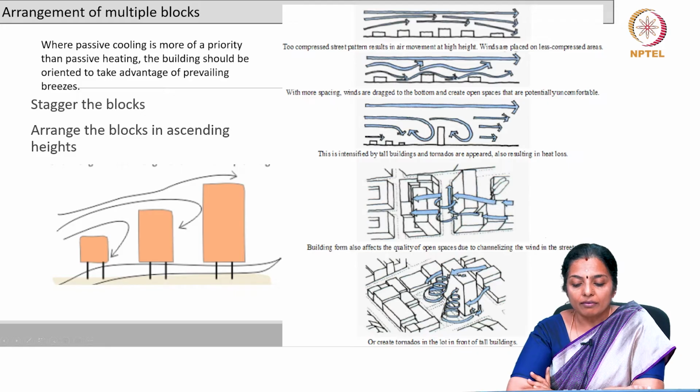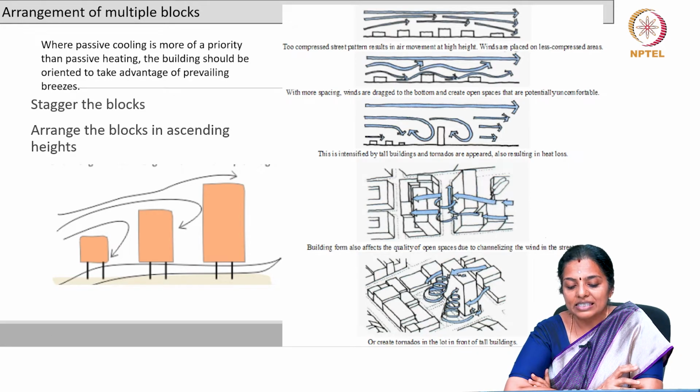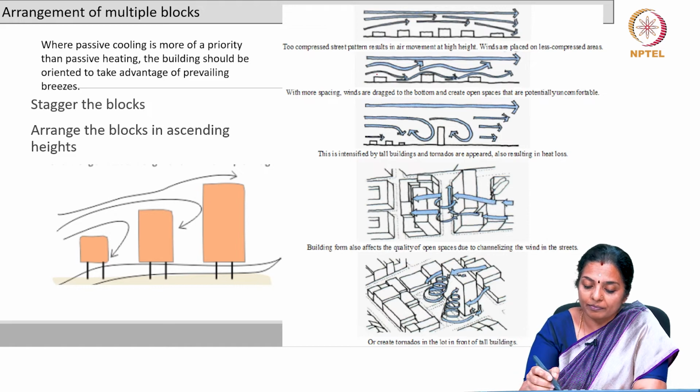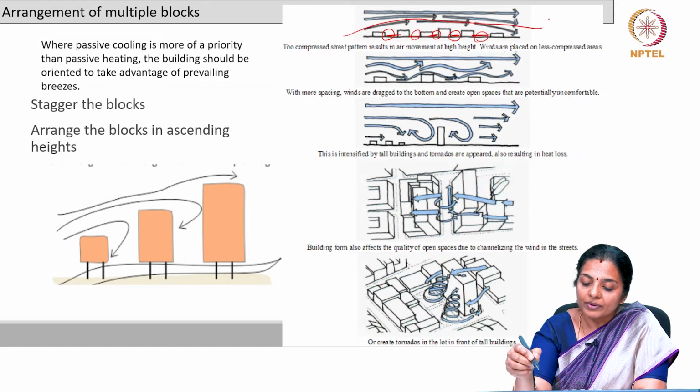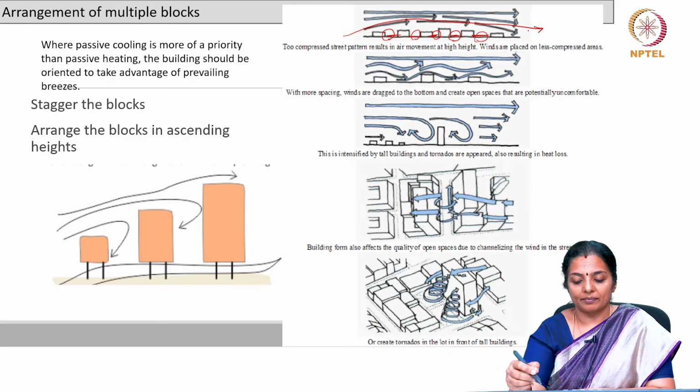Now, when we have too compressed a street pattern, it results in air movement at a higher height. Winds are placed on less compressed areas, with more spacing. When you have very little space in between the buildings, as shown here, it results in air movement over the buildings.